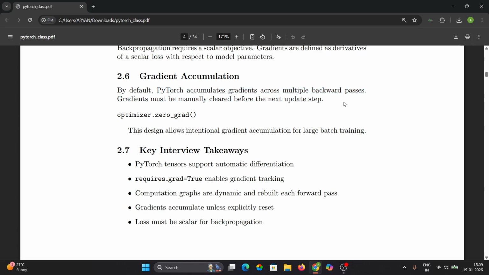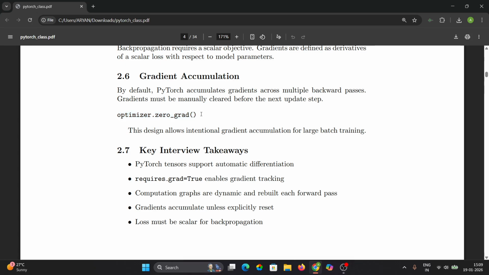When we do training, it does not happen in only one step. Multiple steps happen, so backpropagation happens multiple times. If you do not write this function, it will accumulate the gradient from the previous step. It starts to add to it after each step.